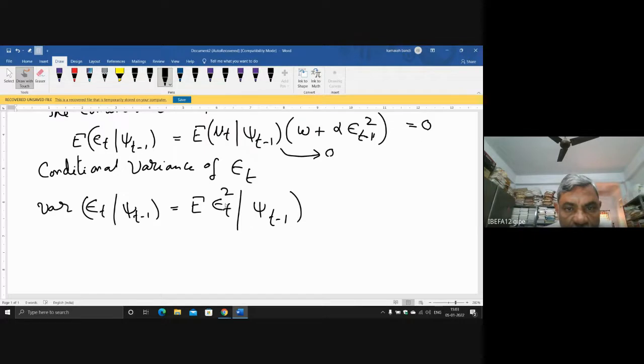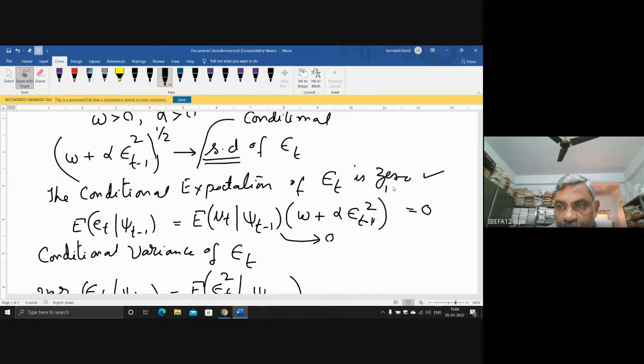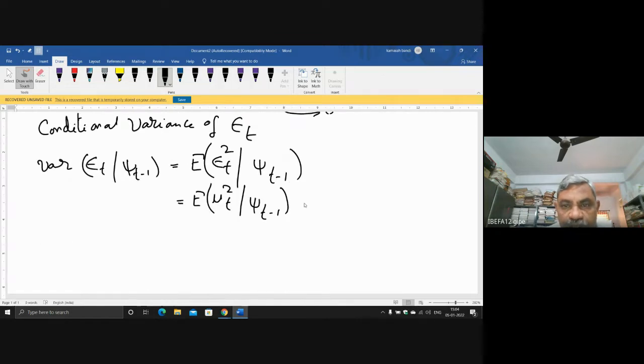This is nothing but the expectation of ut square, again conditional upon the information set t minus 1. Then you also need to square this, and it simply becomes omega plus alpha epsilon square t minus 1.